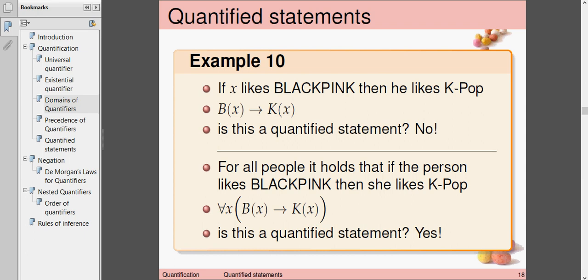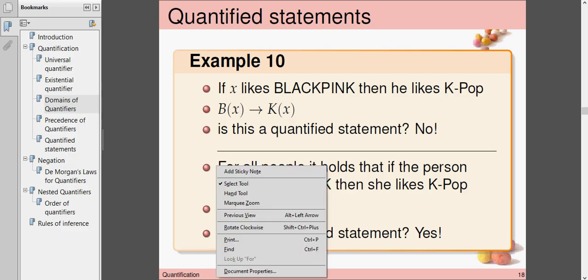Here it says, if X likes Blackpink, then he likes K-pop. He didn't say for all. That means it's not a quantified statement. So we write B(X) to K(X). If as a condition they like Blackpink, then they will like K-pop, but not all people.